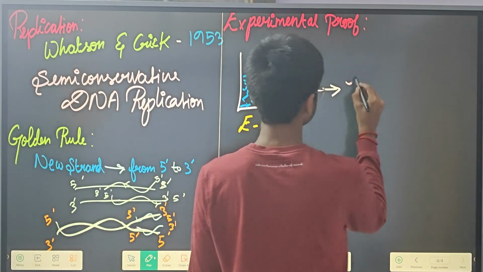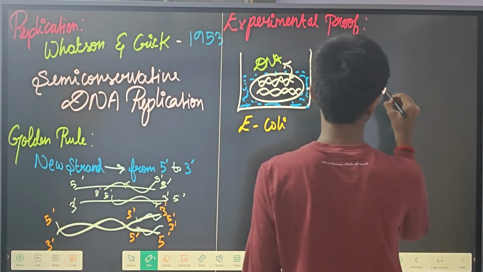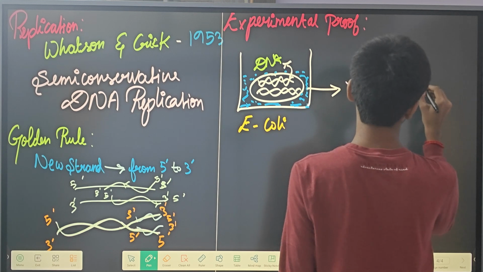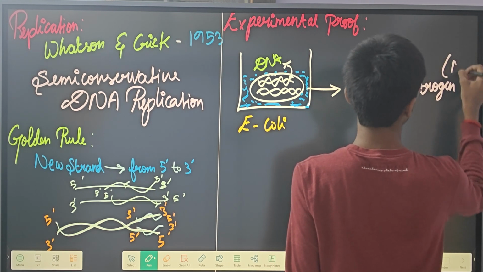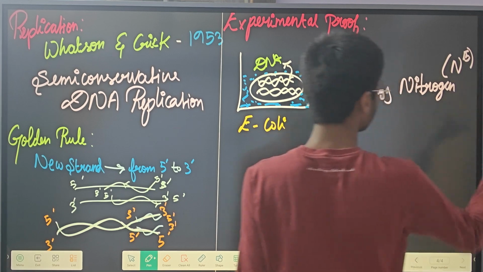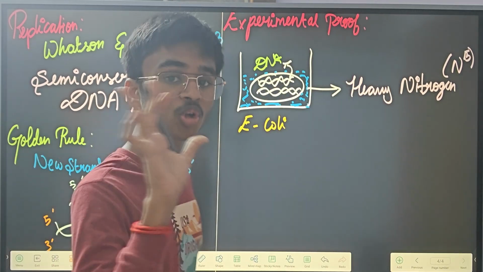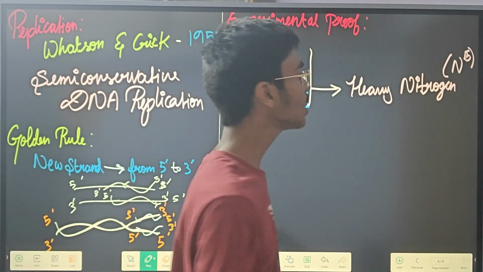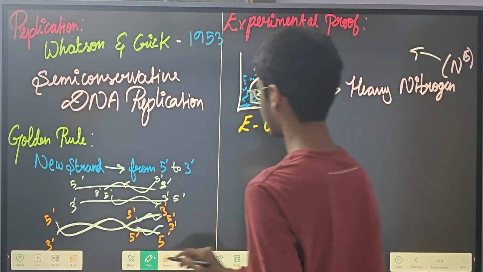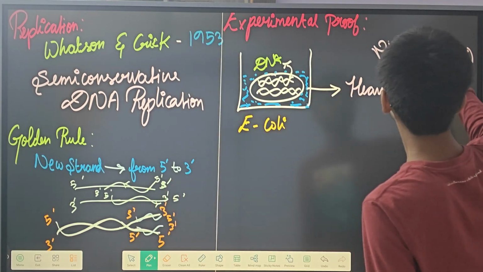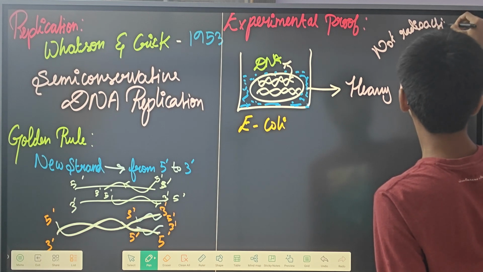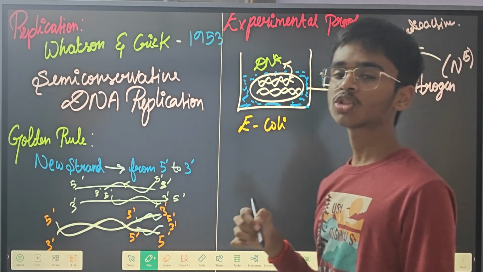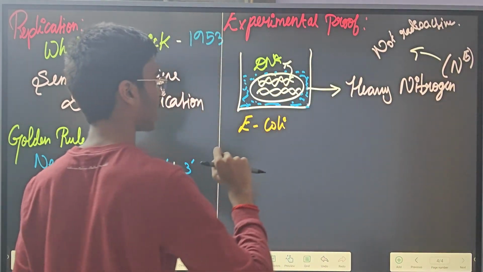Heavy nitrogen means it is N15, an isotope of nitrogen. It is not radioactive, it is just heavy. You have to note that it is not radioactive, as one more question can be asked on it. So this E. coli is not radioactive.